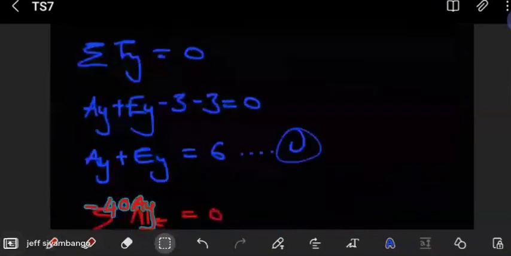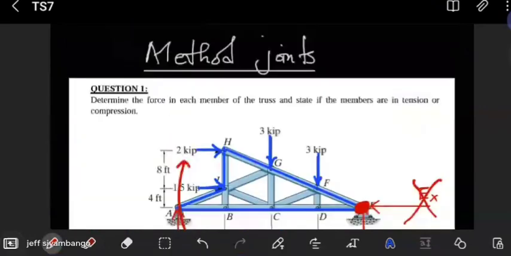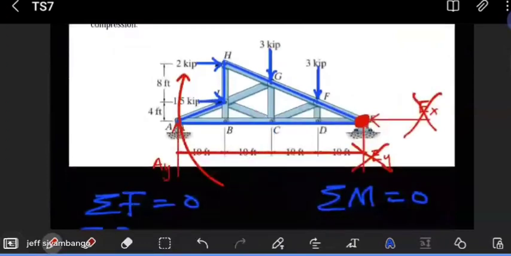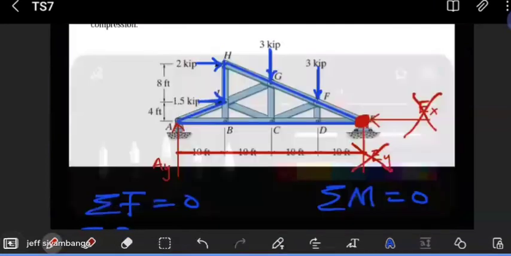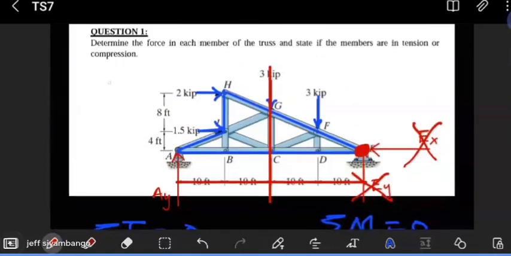Then next, let's look at the others. We've sorted out AY, and we now want to see what the other four are doing. Let's sort out the vertical ones first. We can go to the one at G. The one at G is acting in the vertical direction like this. This time it is causing anti-clockwise, so we'll take it as positive. The force is 3.